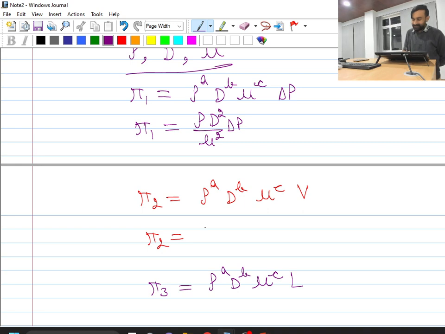It should be mu by rho Vd, then only Reynolds number will come. So mu by D is in the numerator or denominator? Denominator, okay. So mu by rho dV, that is pi 2. What about pi 3?